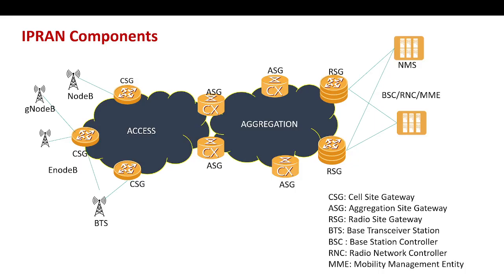So they will connect to the CSGs, and then the CSGs will form a ring. It could be a ring, it could be a chain, it could be a star topology. We also discussed the different topologies, and then they connect to the aggregation node, the ASG. The ASG, forming part of the aggregation ring, will also connect to the RSGs, and then the RSGs connect to the BSC, RNC and all the other controllers.